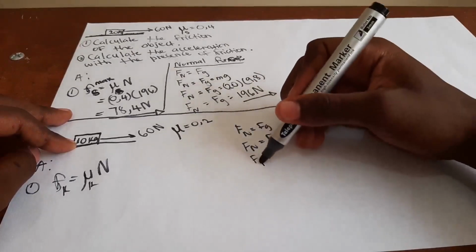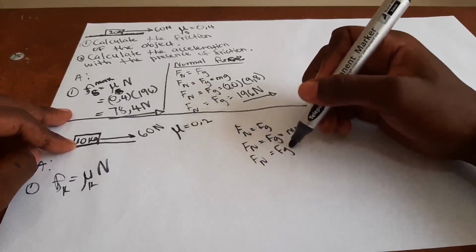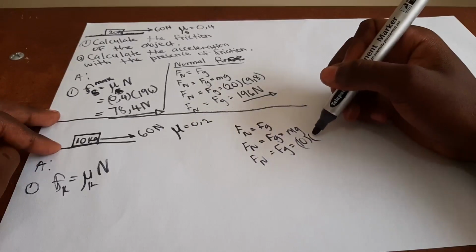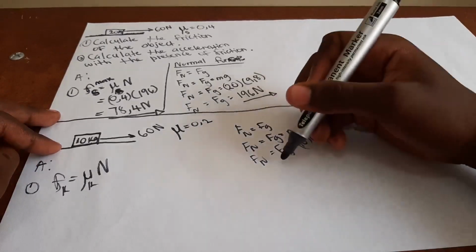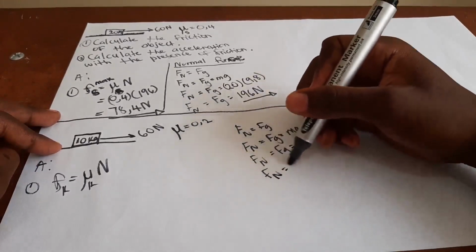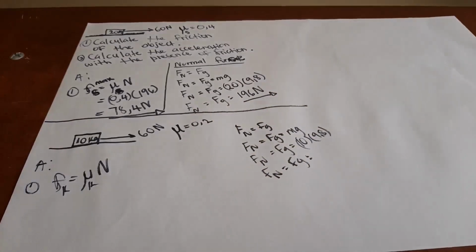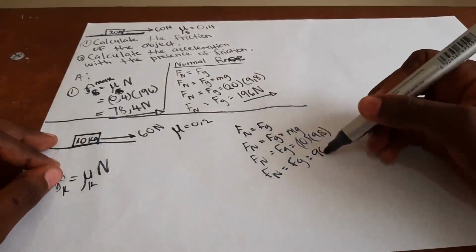So our normal force is equal to Fg, which is equal to 10 multiplied by 9.8. Let's press in our calculators, guys. 10 multiplied by 9.8 equals 98 newtons.